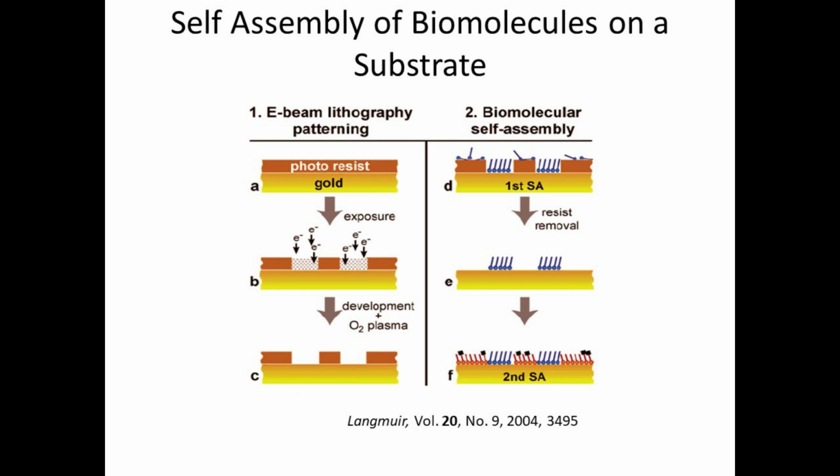First of all, you have your photoresist or your e-beam resist or something, and your substrate. Then you do your e-beam lithography, especially if you want to work at nanometer size.